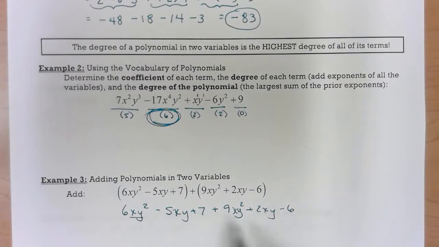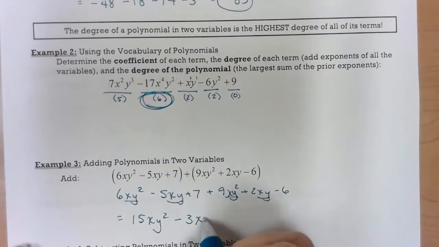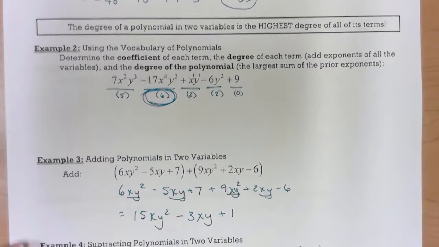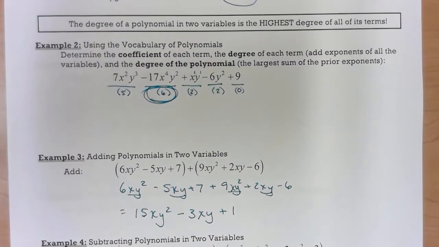So these are the same variables, so I add their coefficients, so that would be 15xy squared. I have xy here, so negative 5 plus 2 is a negative 3xy, plus 7 minus 6 is a positive 1. So that would be my answer for that one.